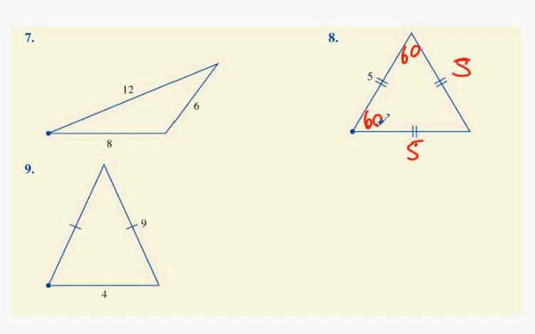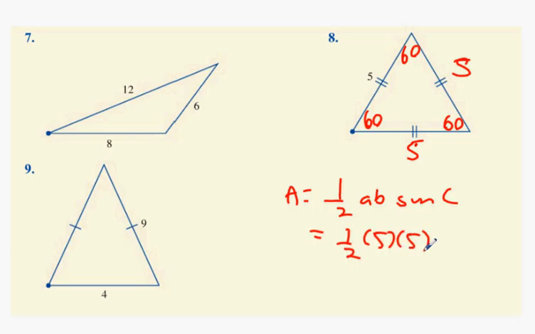So you could do it 2 ways. The first way is a half AB sine C, which is a half 5 times 5 sine 60. Put that in the calculator and what do you get? 10.82? A 3.